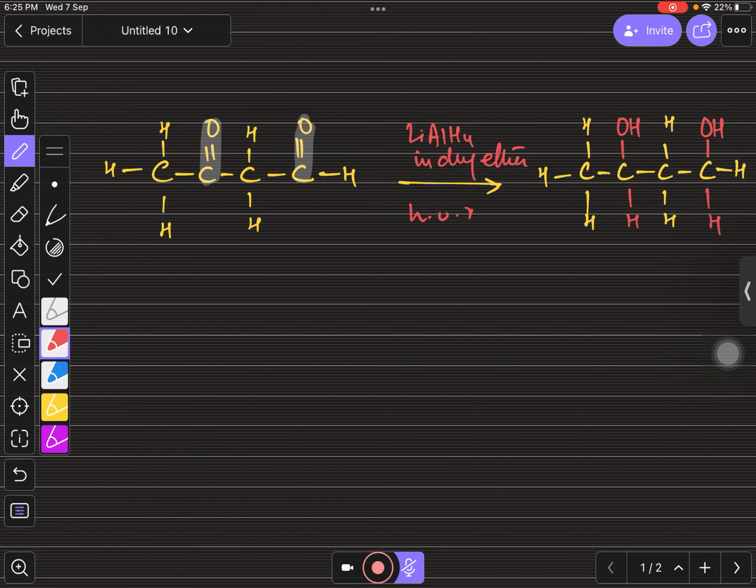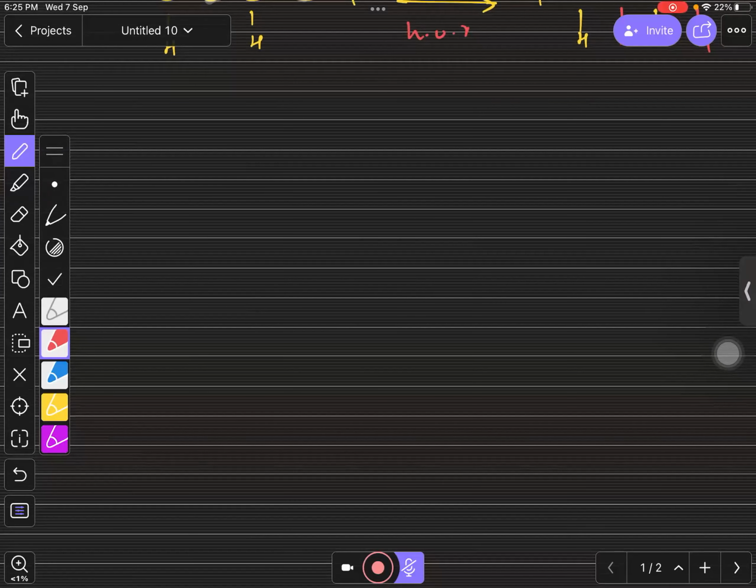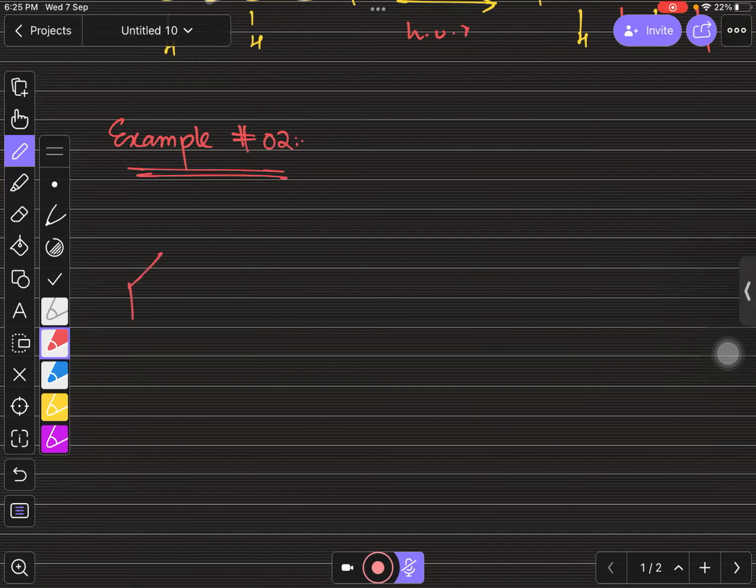One more example. If we consider this example, this is the very perfect example over here. Example number 2. You have this molecule, the molecule you have, right? And you are just treating this with lithium aluminum hydride in dry ether.